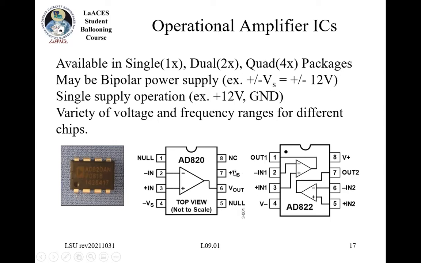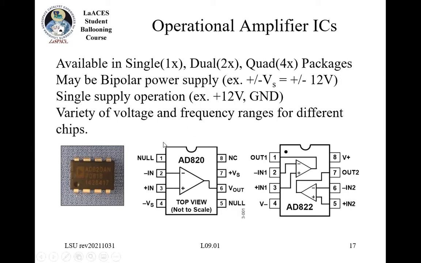So it'll be like plus 12 volts at positive VS and minus 12 volts at negative VS. But you may also see them as a single supply where basically you have ground on the negative supply and a positive voltage on there. And there's going to be a whole bunch of different voltage and frequency ranges that these are going to operate with. That's going to depend on the particular op amp. That's often going to be what leads you to select a particular version over another.